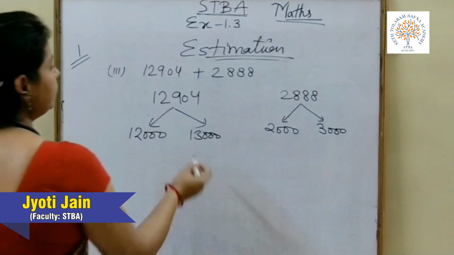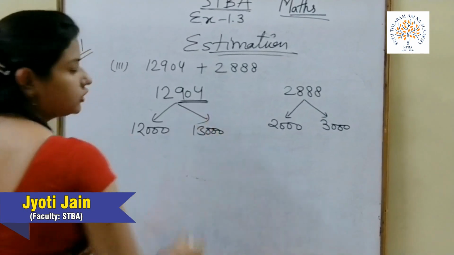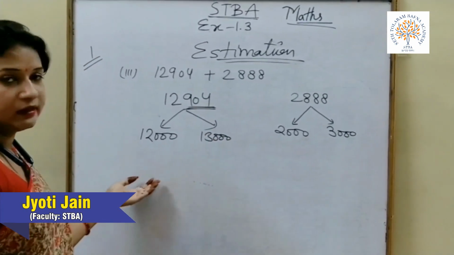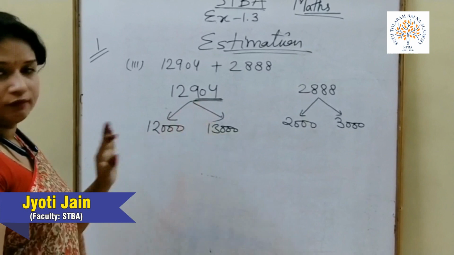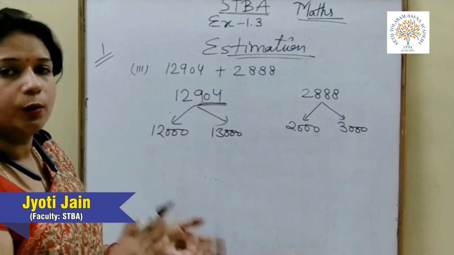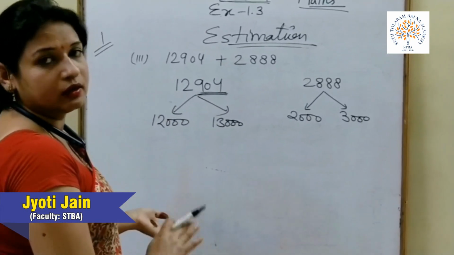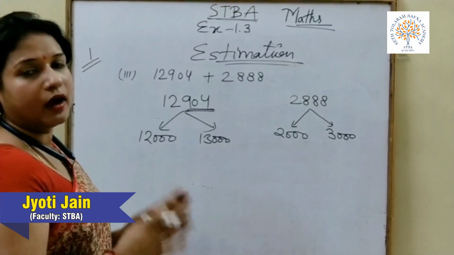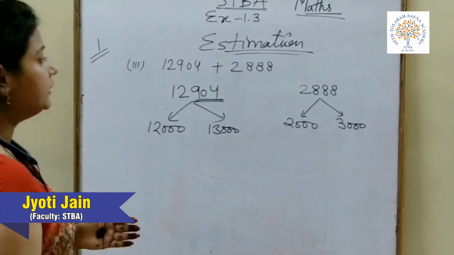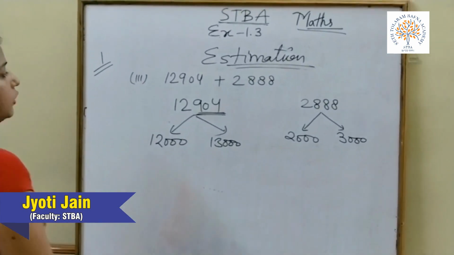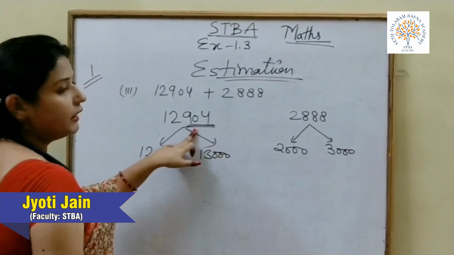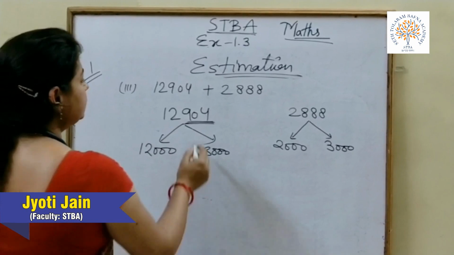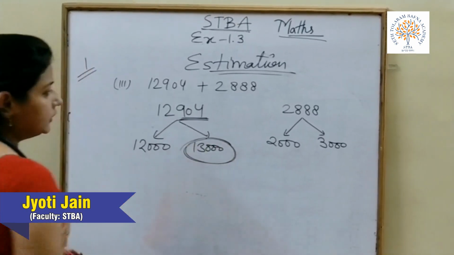For this we will consider the last three digits. If the last three digits are less than 500, it will be converted into the previous thousand. And if the last three digits are 500 or greater, it will be converted into the next thousand. So see, this one, 904, is greater than 500, so it will be converted into 13,000.